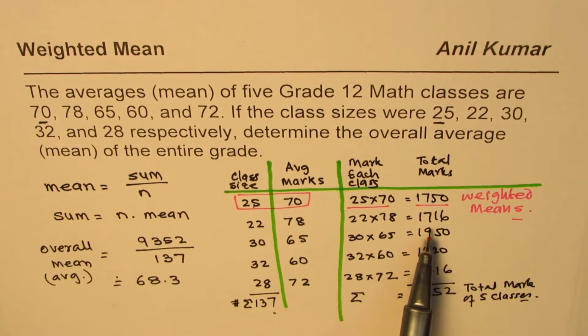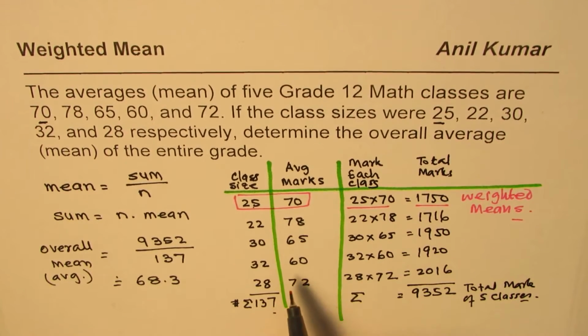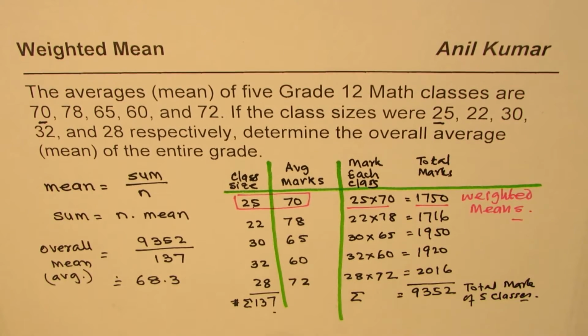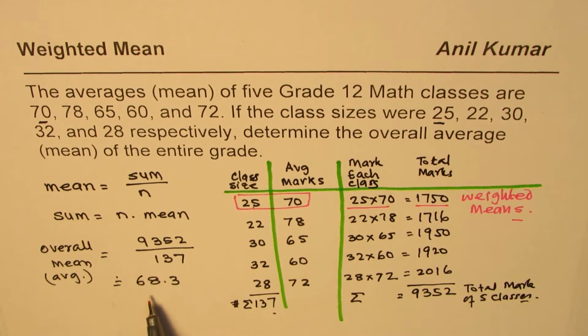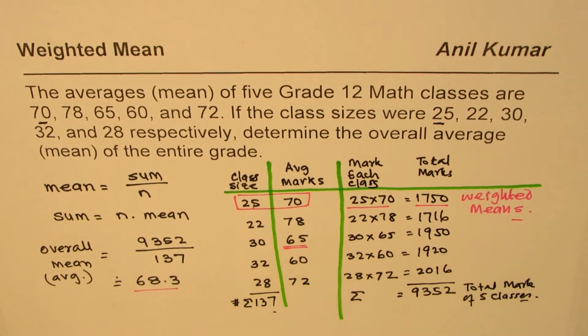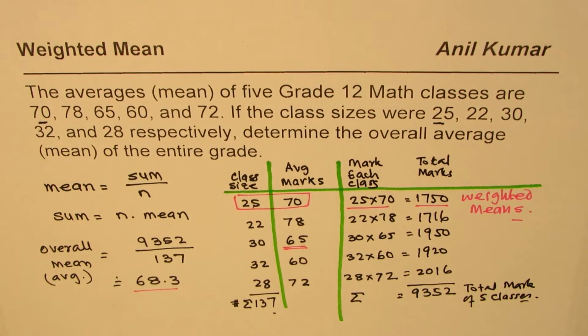Now in this case, since the total number of students is much higher in these two classes, the average shifts towards that side. You see that? So it shifts towards the side where more numbers are there, right? 68.3 is closer to 65, closer to 30, and that brings the mark slightly below 70%.